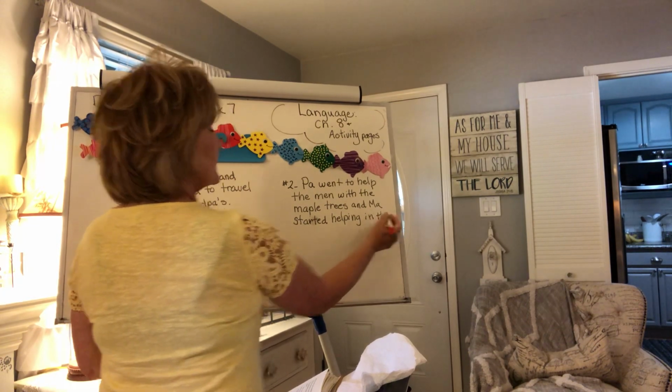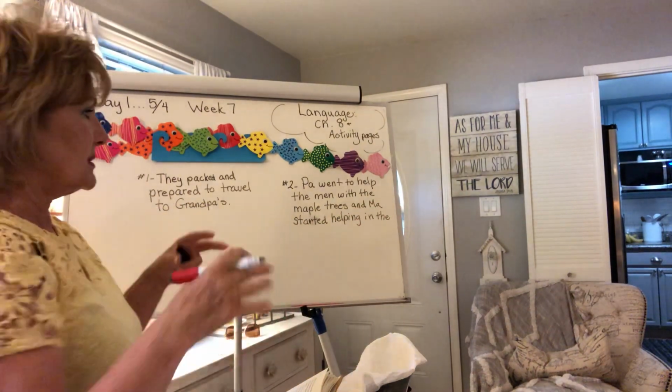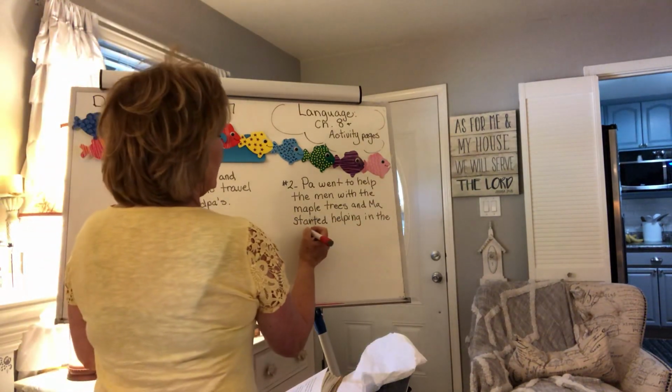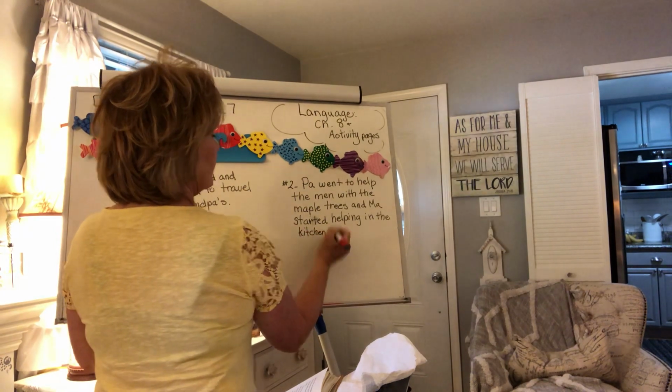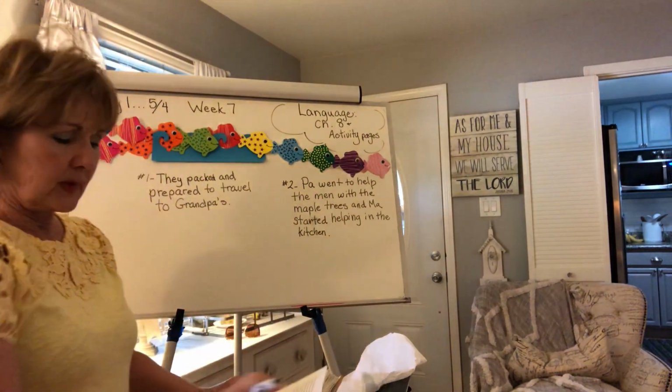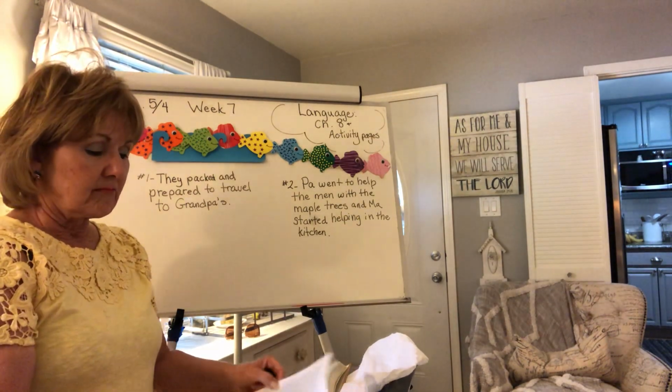Back in those days, the men tended to do all the outside work and the women tended to do what was in the kitchen. Started helping in the kitchen. Okay, that kind of brings us up to page 105.